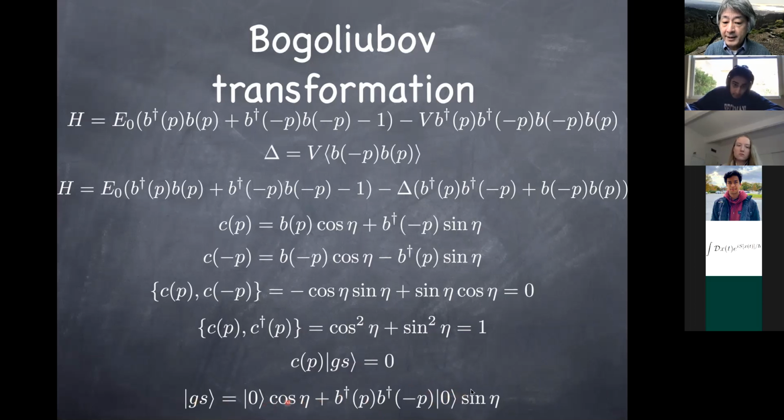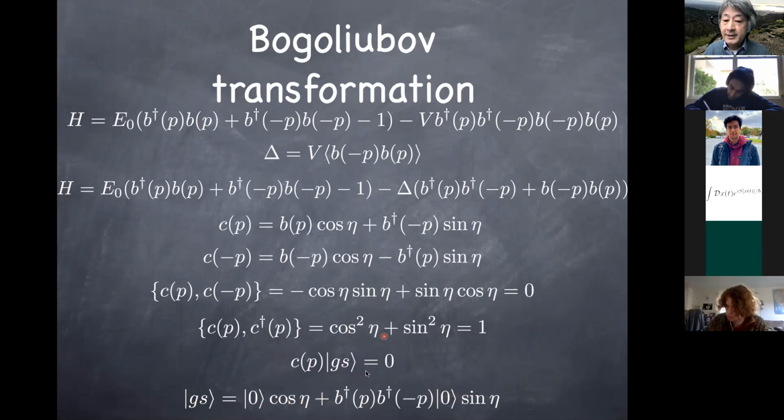And you can verify that this state satisfies this definition of the ground state. You can also choose the coefficients in such a way that the Hamiltonian becomes diagonal in c dagger and c. You don't have c dagger c dagger term, or cc term at all. Your Hamiltonian is now diagonalized in terms of c dagger c alone.